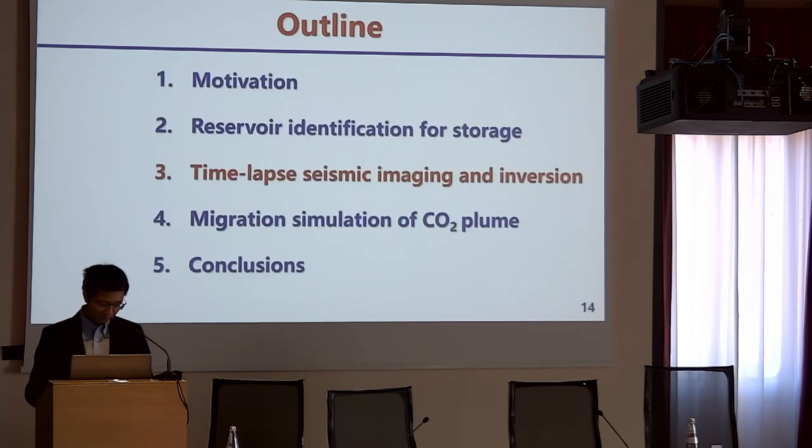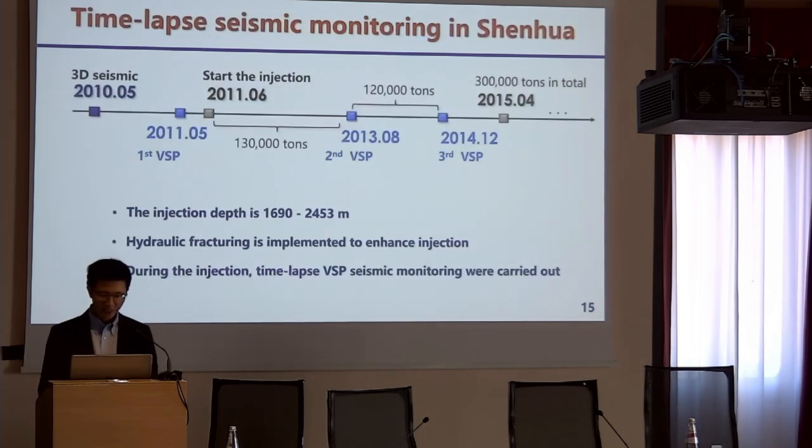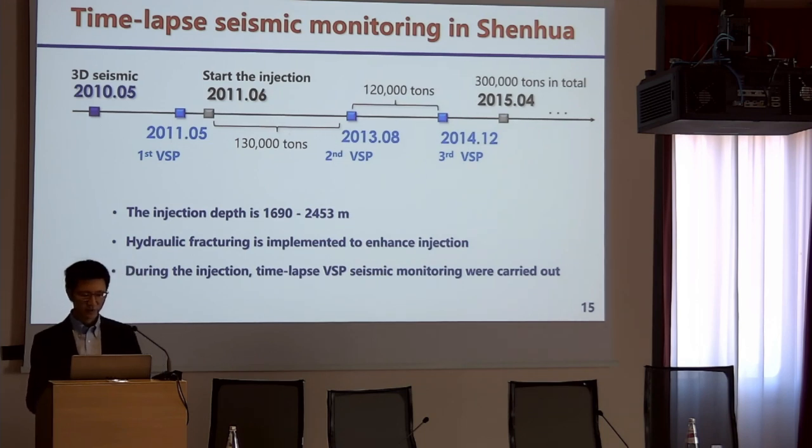With the reservoir identified, we also did some time-lapse analysis to track the CO2 plumes during the injection. In the Shenhua CCS demonstration project, 3 VSP surveys were conducted, and during the injection, they also did some hydraulic fracturing to enhance the injectability.